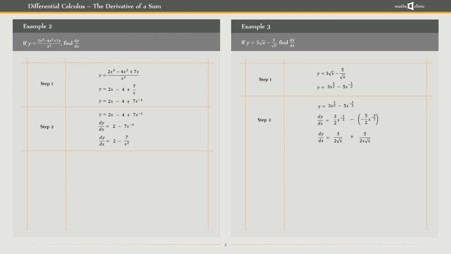So what we have in the end is 5 over 2x root x, and that is how you find the derivative of a sum. Actually very easy. All you need to take note of is, to find the derivative of a sum, you simply find the derivative of the individual functions of the sum.